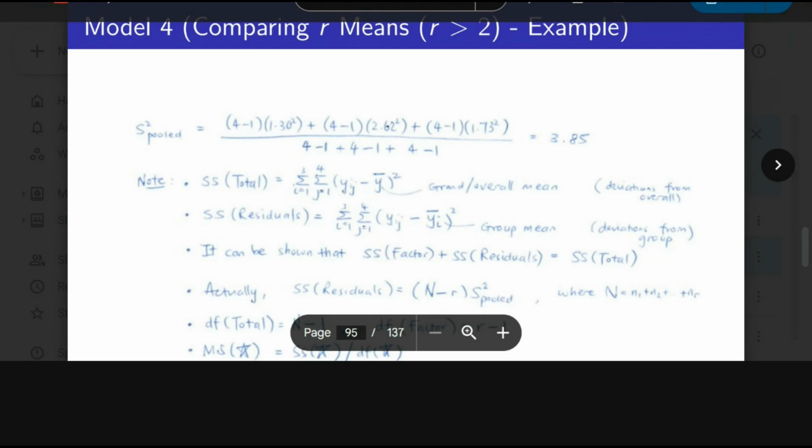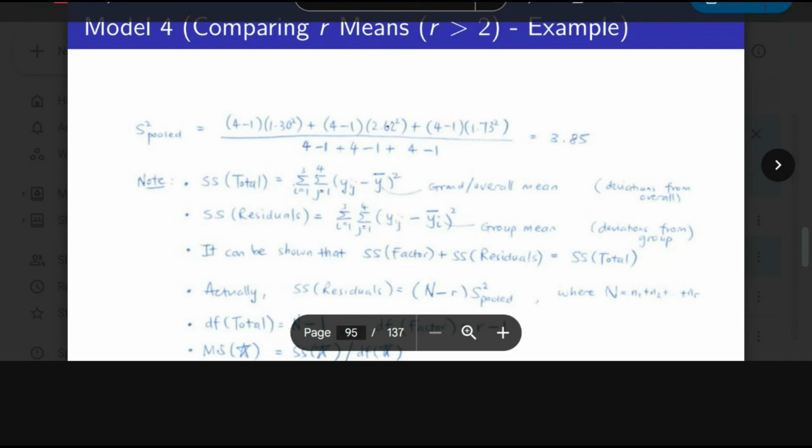This is no model, just how different the chickens are from the benchmark, and the benchmark is built from all the chickens. This is how different the groups are from each other. And this one is what's left behind after I have grouped the chickens into the different feed groups, what I cannot explain anymore. The model cannot explain it.